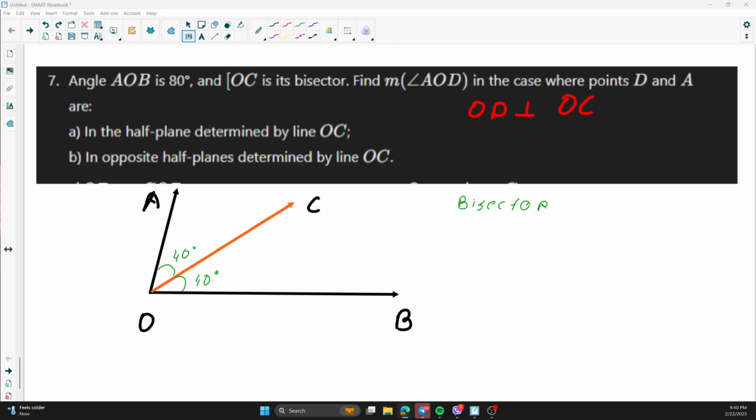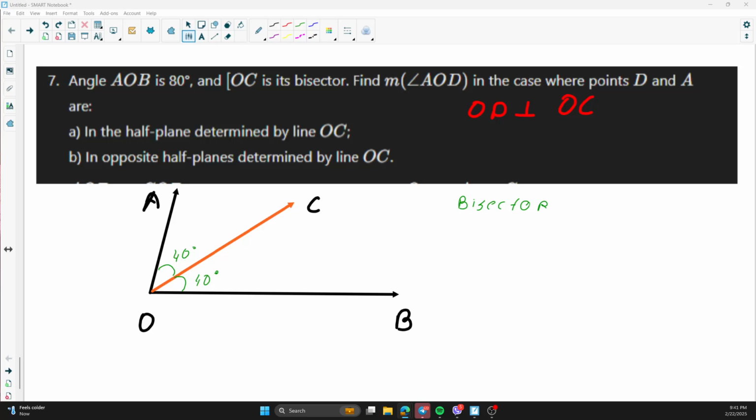Okay, the problem. When you draw a line, it divides the plane into two parts. Each part is called a half plane. Think of it like cutting a piece of paper: you get two pieces. We have angle AOB, and OC is the line that crosses over somewhere. We need to find angle AOD in two different cases.